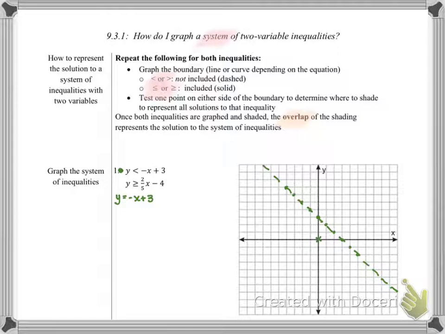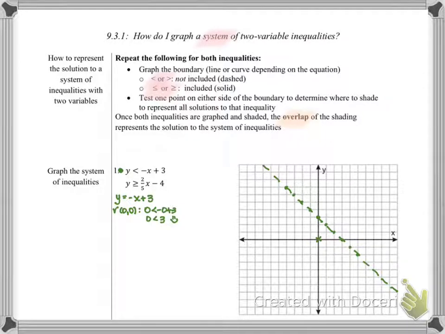And then I'm going to plug 0, 0 back into the original, before I got rid of the equal sign. So that's just going to give me 0 plus 3, which is 3. And then I ask myself, is 0 really less than 3? And yes, it is.